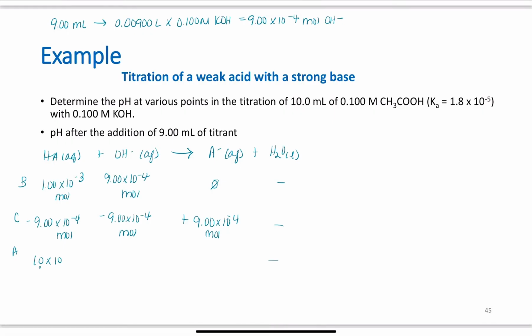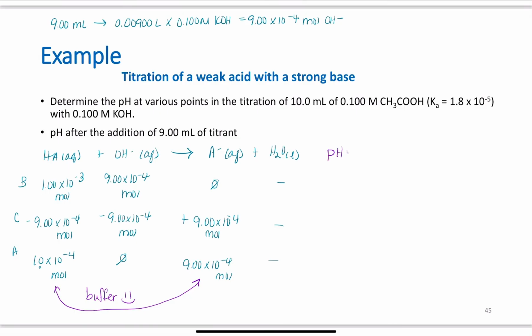Notice this 1.0 here. That is for sig figs, so it is actually going down to 1.0 there. Times 10 to the minus 4th. No base, and 9.00 times 10 to the minus 4th moles of my conjugate base produced. Again, I have weak acid and its conjugate base present, which means I have a buffered solution. And I'm going to use Henderson-Hasselbalch.